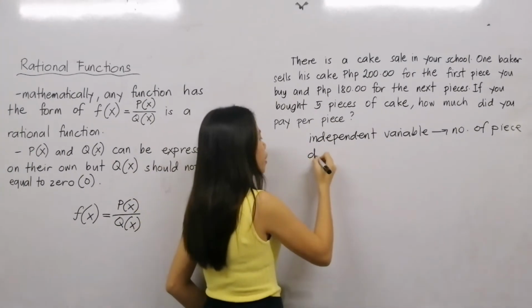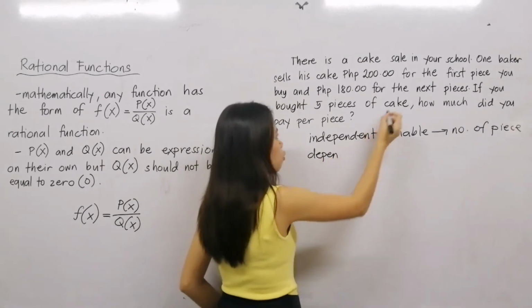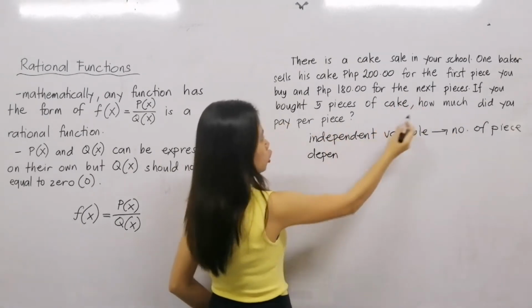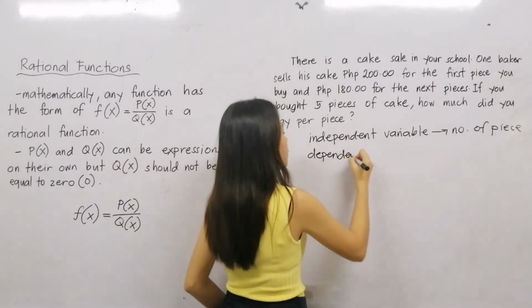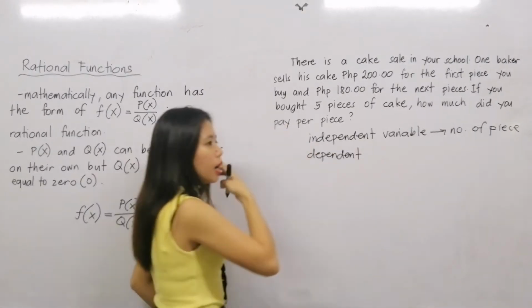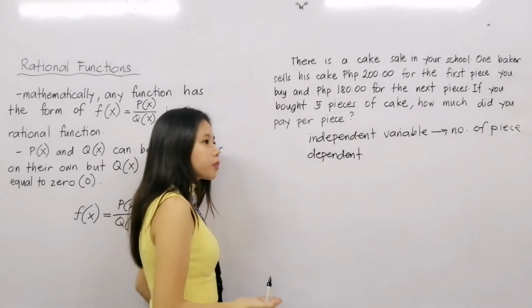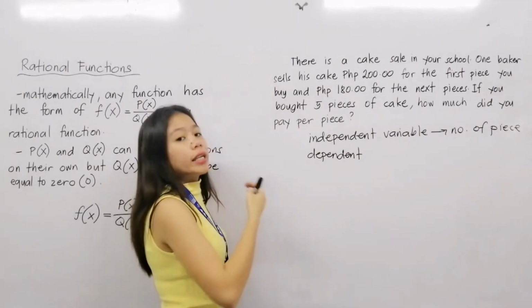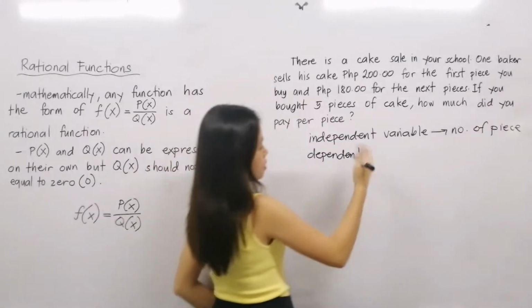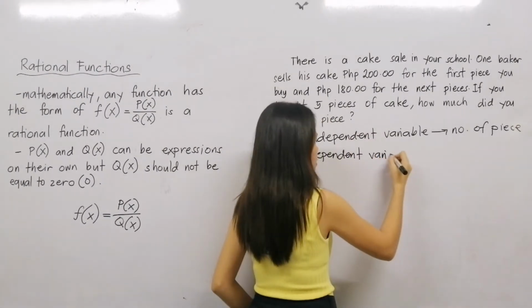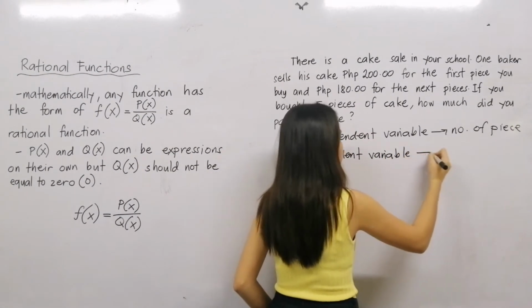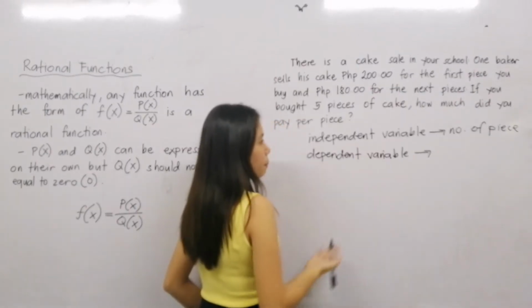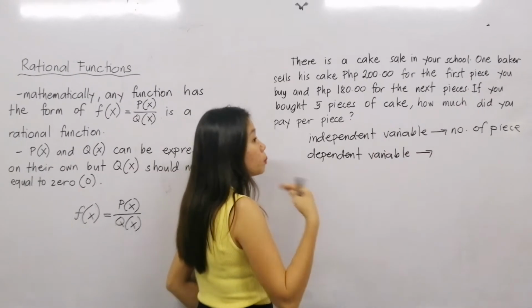Now, the dependent variable, class, is how much. We are talking about how much, so that is what we are looking for. I told you, when we talk about function, class, the dependent variable is always what we are looking for. So here, our dependent variable is the value we get, or the amount of money.